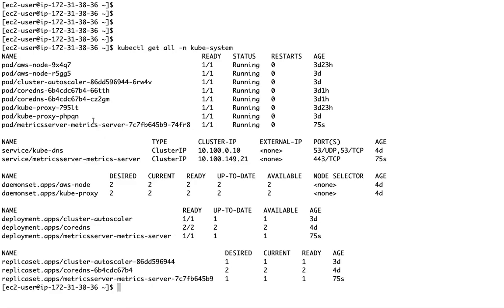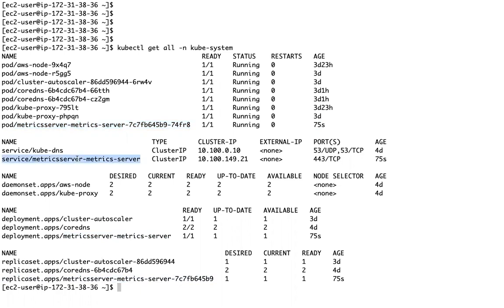So this one, metric server, deployed 75 seconds ago. It has created a deployment. Deployment has created a replica set. Replica set has created a pod, and a service also got created for your metric server.